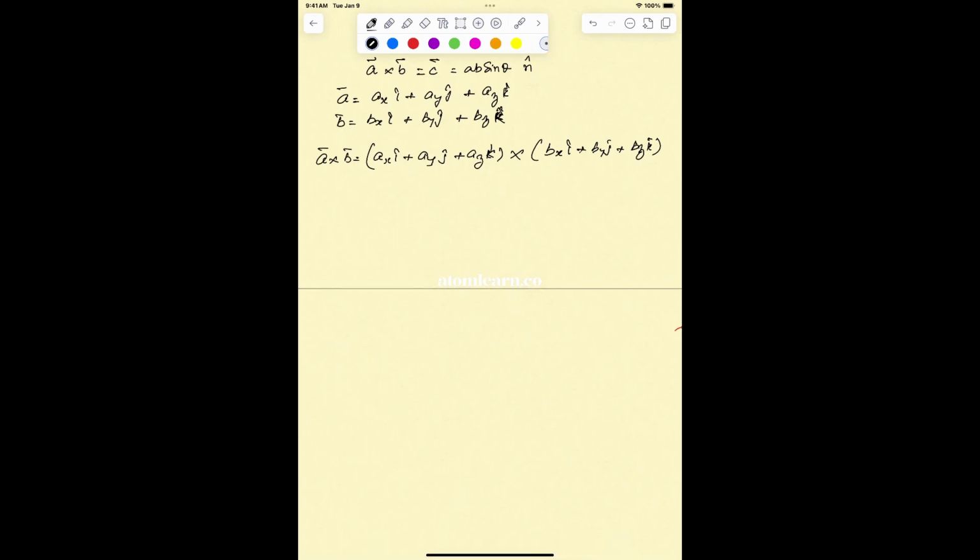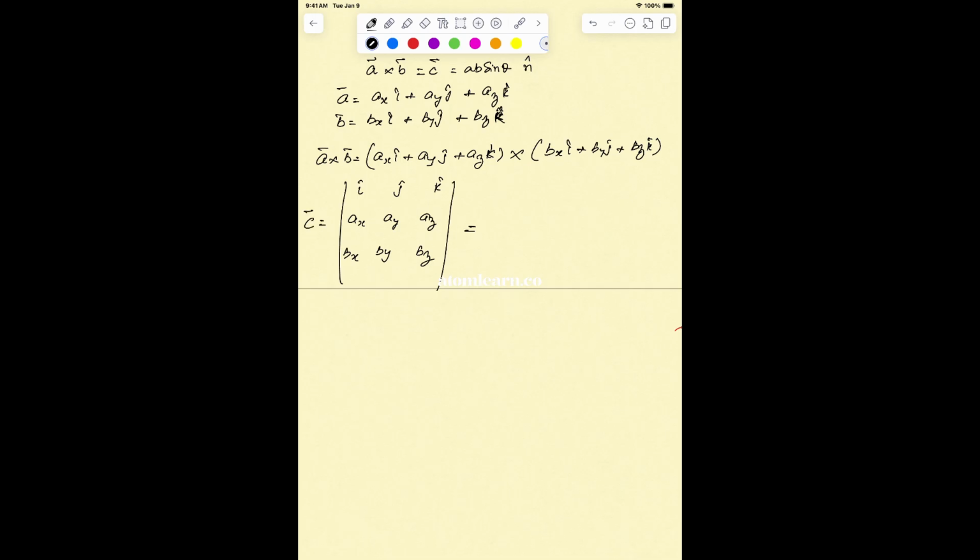It is a kind of determinant way of doing it: i, j, k. Write it like the determinant. You know already how to do it. Then you write the first vector components, then the second vector components, and therefore this is the result, that is, the C vector is given by this.